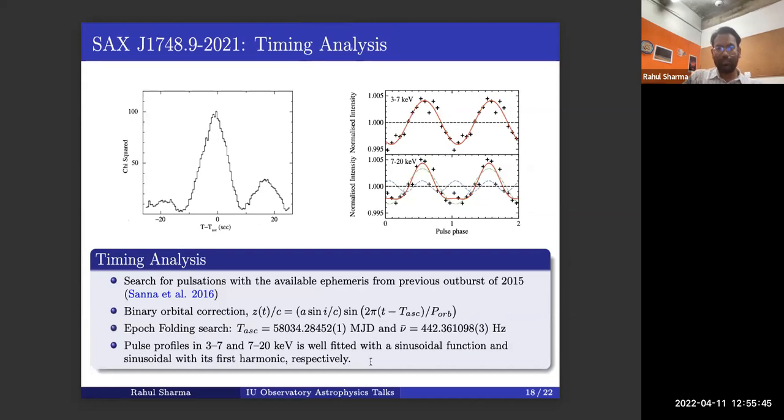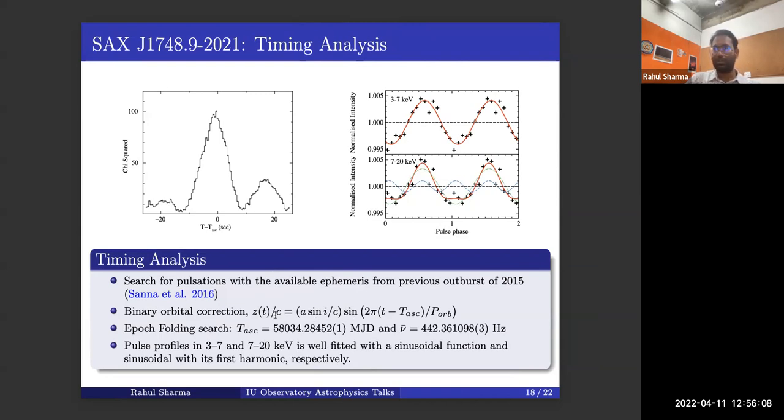So next we started to search for the pulsation. The outburst was very faint, and the source was in a faint state during this observation. When we started to look for pulsation, we couldn't detect any pulsation with the fast Fourier transform power spectrum. So we started to correct for binary orbital motion.